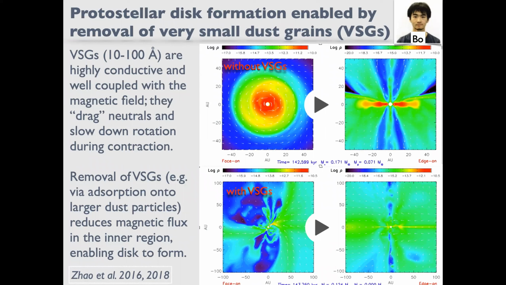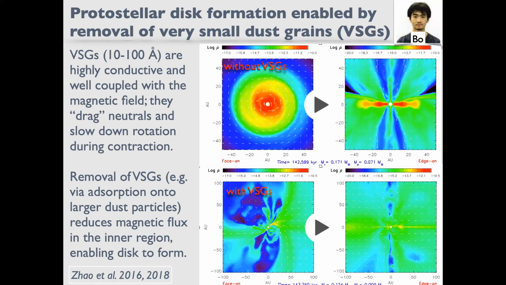In fact, this is the work from Bo Zhao, who left today. He's going to Canada now to work with Ralph Pudritz, but he has been with me in the CAS group for several years, working on the contraction of magnetized clouds with some rotation. We have seen that the whole process of protoplanetary disk formation is very dependent on the microphysics.